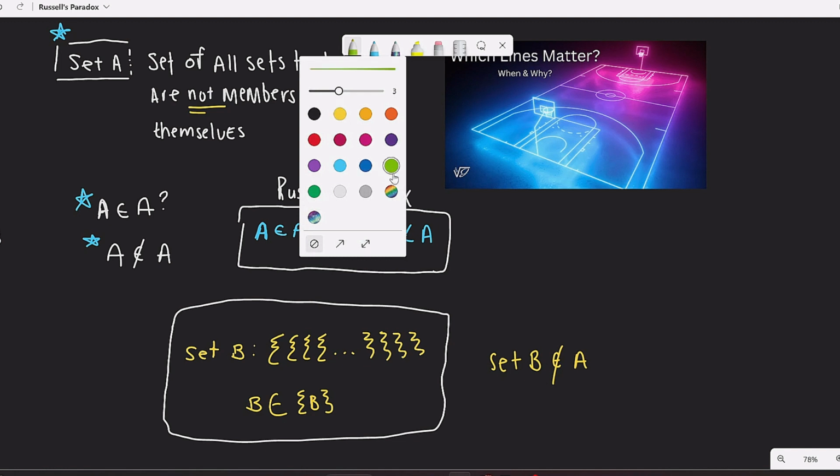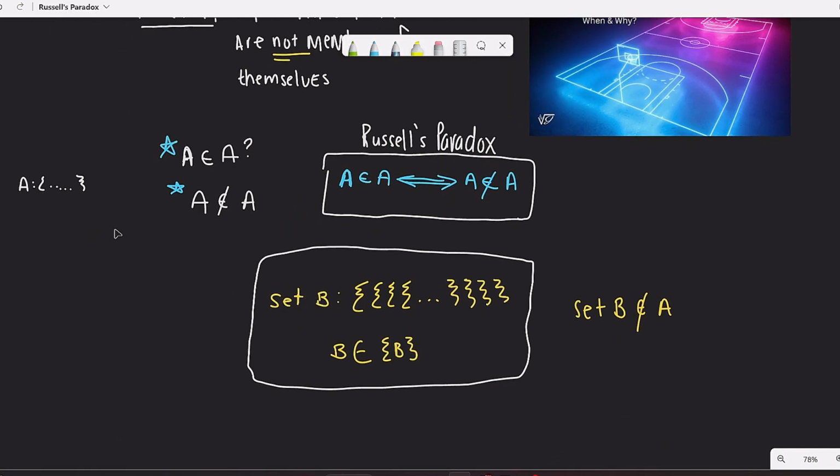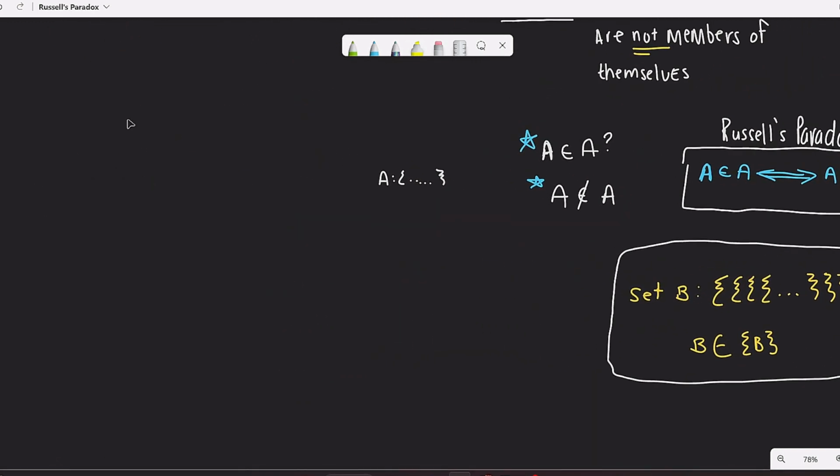This time, we'll use green. And this time, let's look at two situations. So imagine we have a set C, and set C is all squares in a plane.